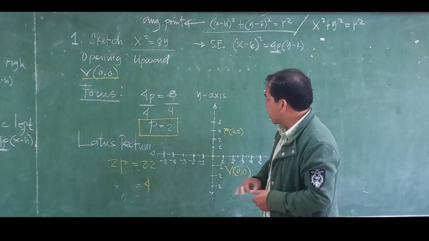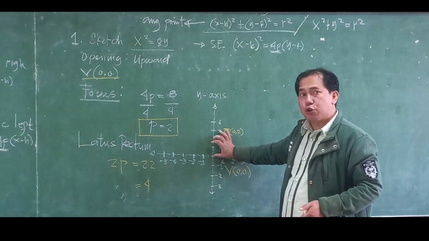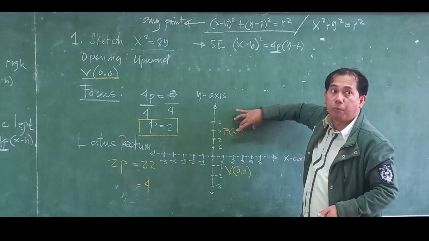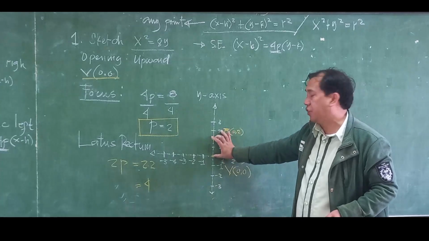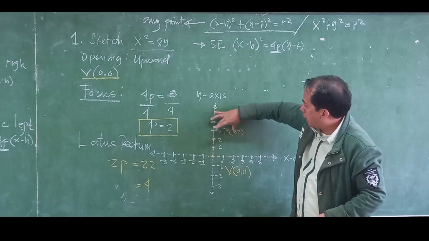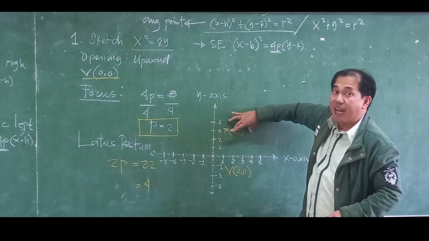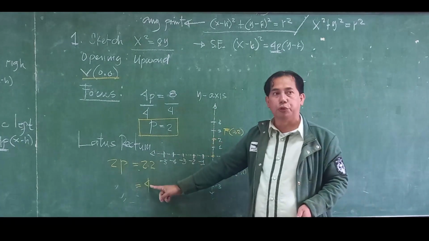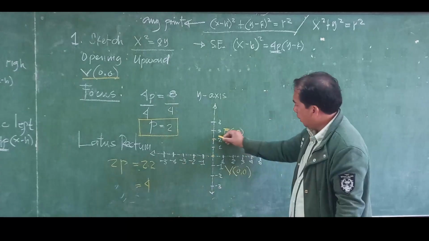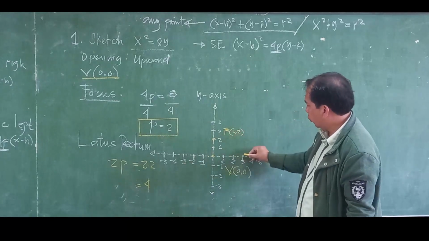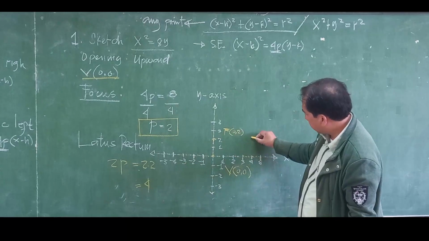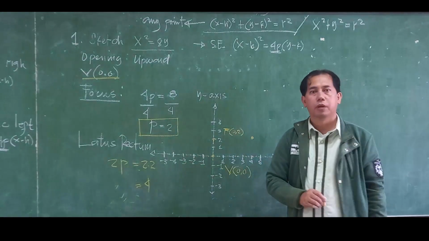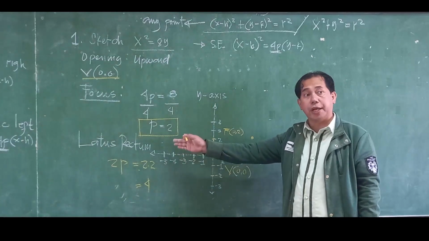Okay? What did we say last time? The measure of this p is twice the measure of the half of the latus rectum. So from this point, you count 4 units. That is 0, 1, 2, 3, 4. Where is that? It is in here. That's the point. Well, it will follow at the other side.